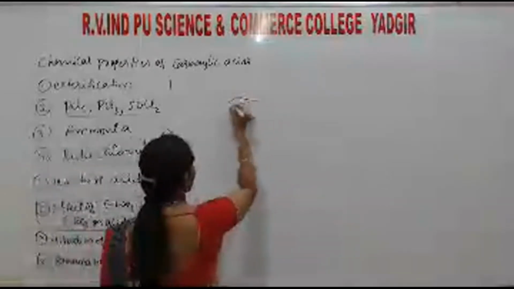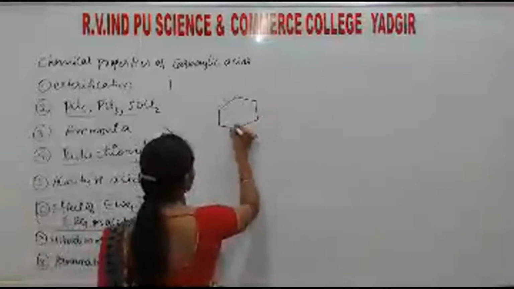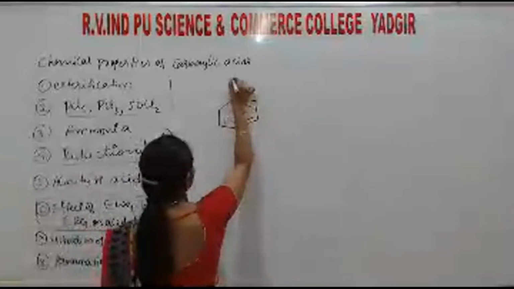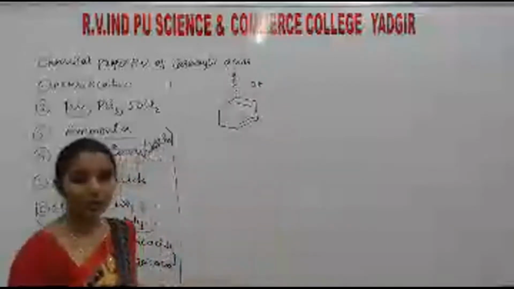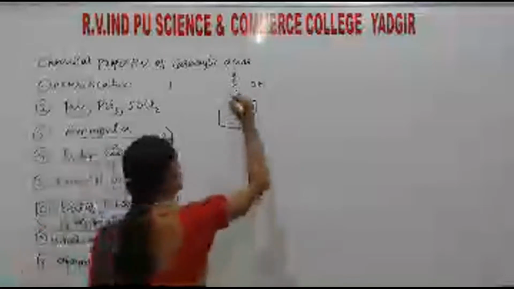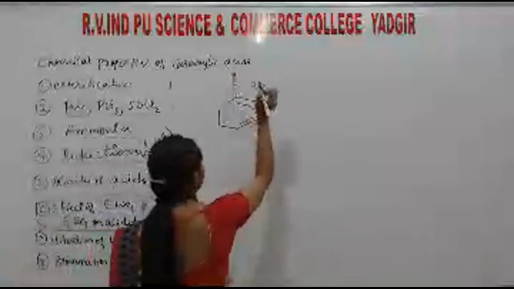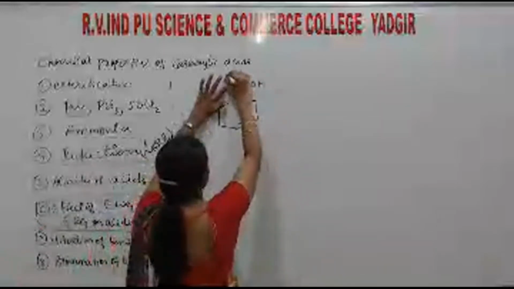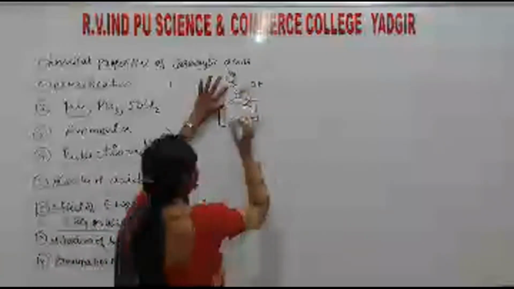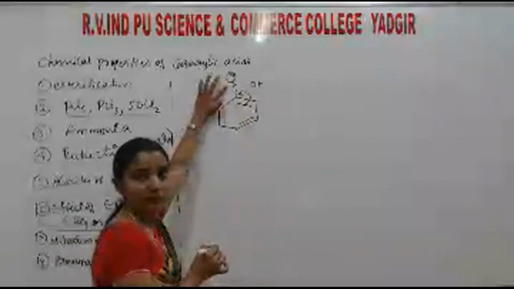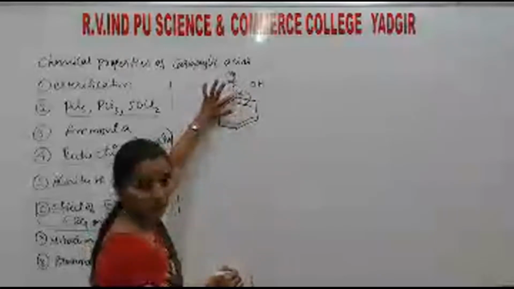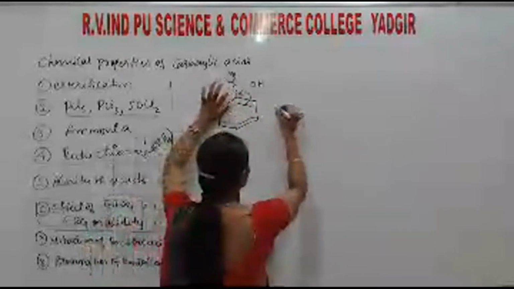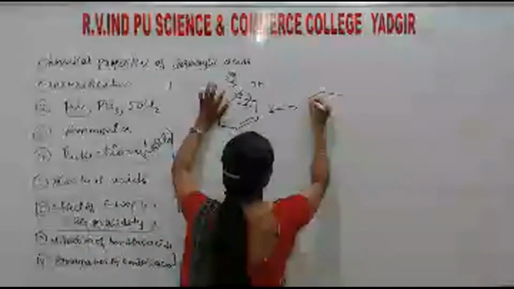Initially, if benzoic acid is there, the structure of benzoic acid has C double bond O, OH. Okay? So in the resonance, these electrons shift here, these electrons shift here. Understood? Then what happens in the resonance?